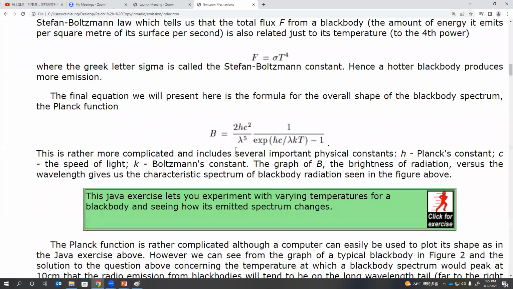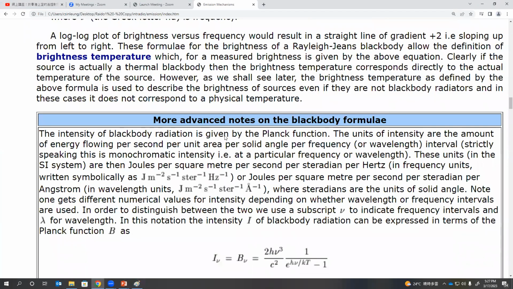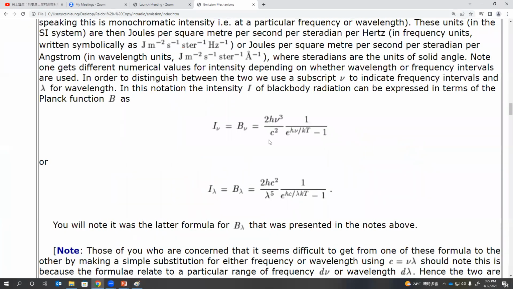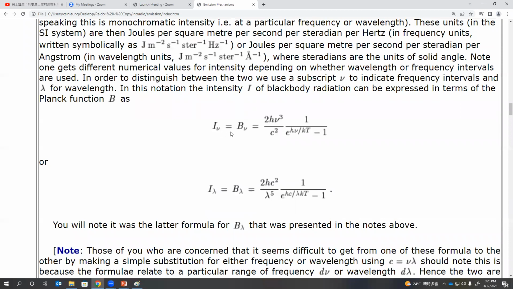Let me show you one more step. We can represent the Planck function either in terms of wavelength or frequency, right? Depends on which one you like to use. We can regard them as B sub nu and B sub lambda here.